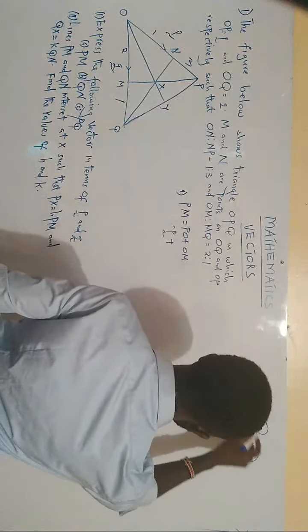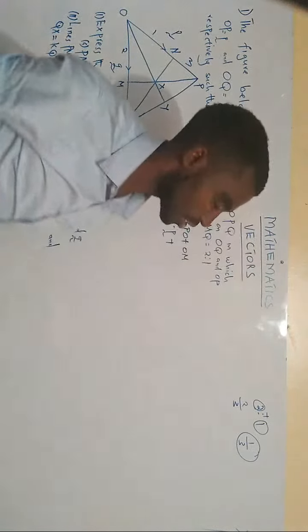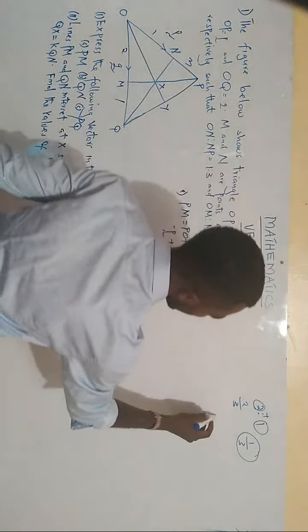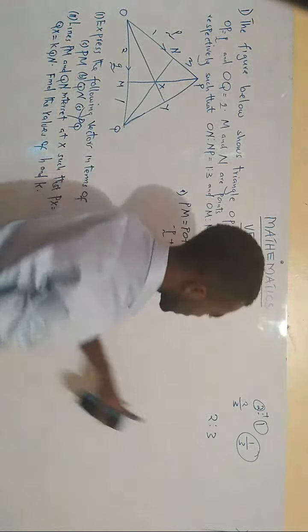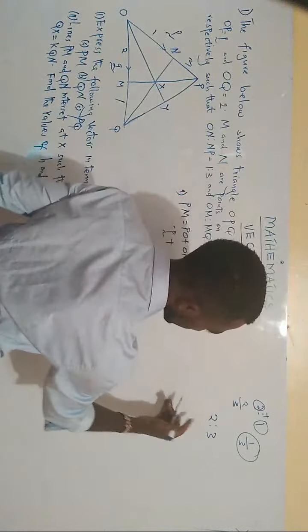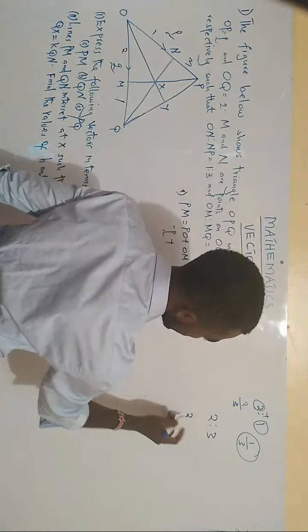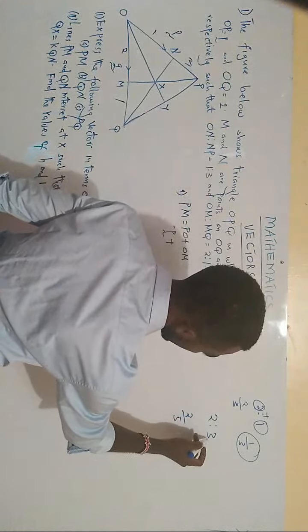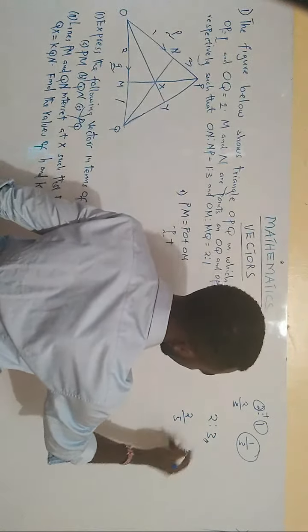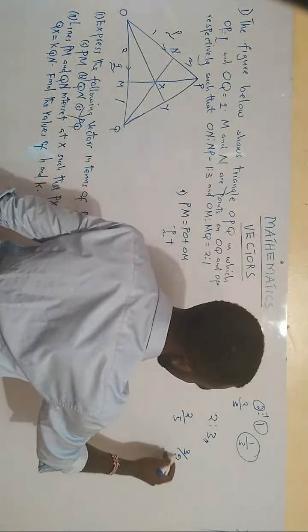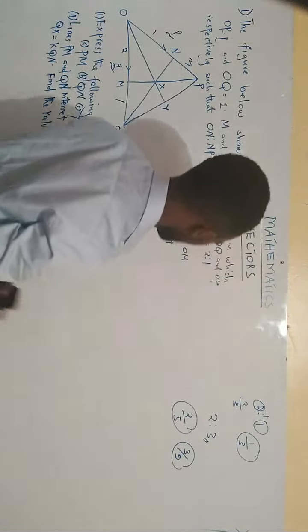So we can express those ratios in fraction form that way. If you're given a ratio 2:3, to express this in fractions, for the first part you pick 2 out of the sum, which is 5, and for the second part you pick 3 out of 5. That's how they go, right?